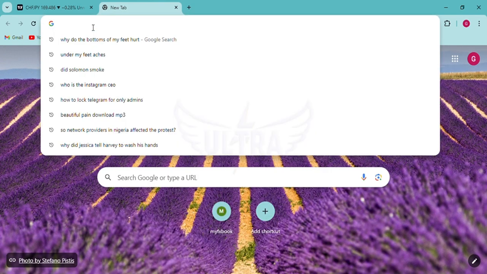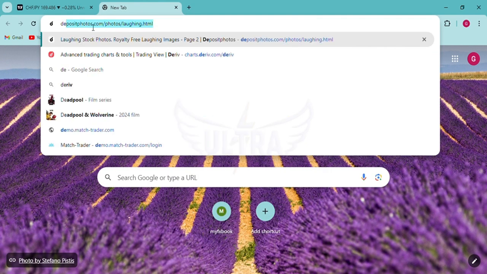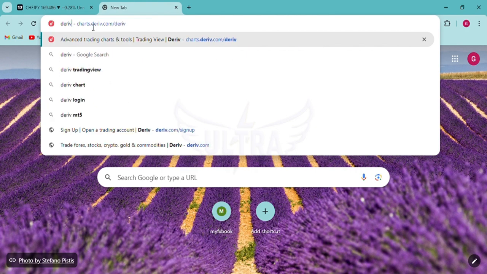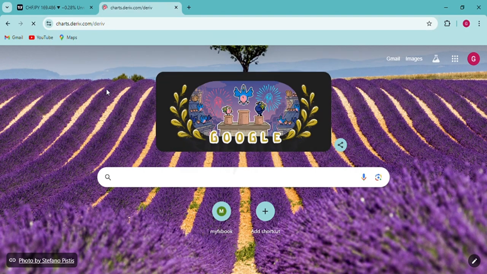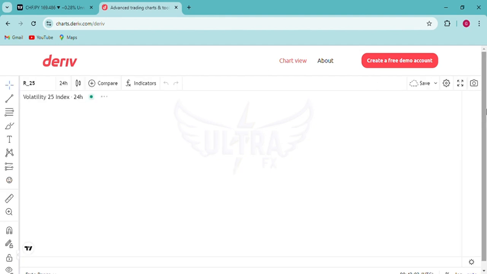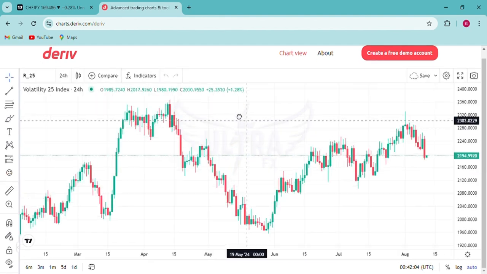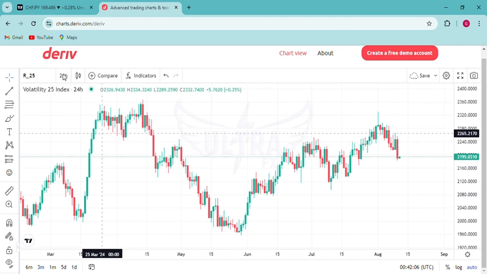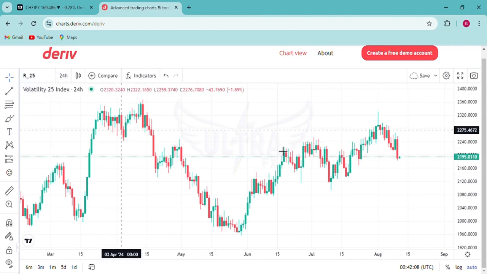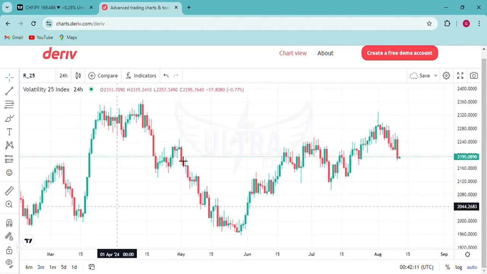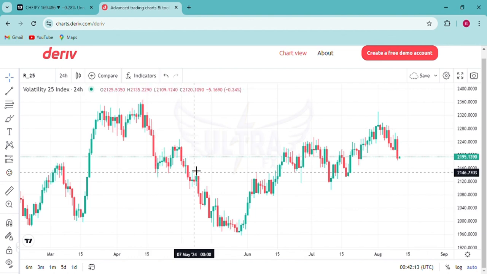So when you want to trade volatility, you have to know derivative. Now this derivative offers instruments to trade with, like the volatility, the derivative instrument. So if you want to trade volatility, you come to derivative here and you go to the symbol search.